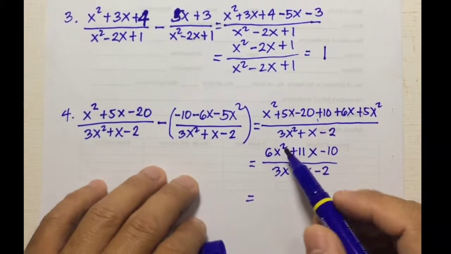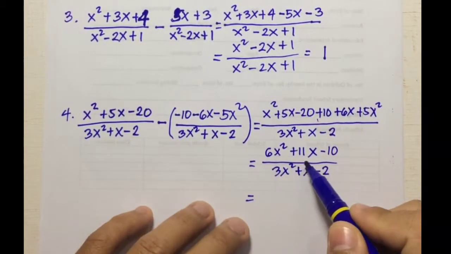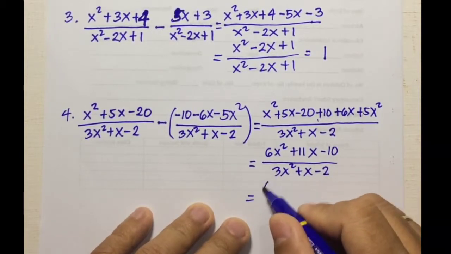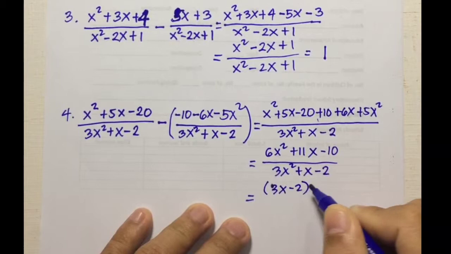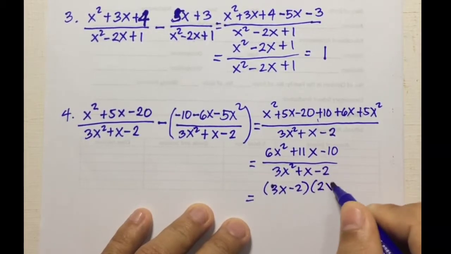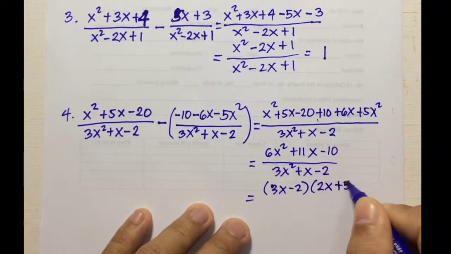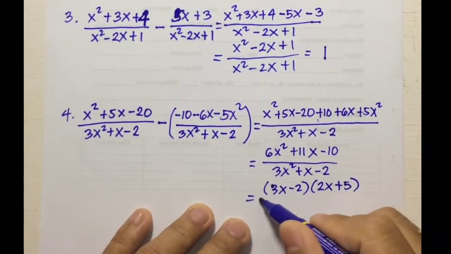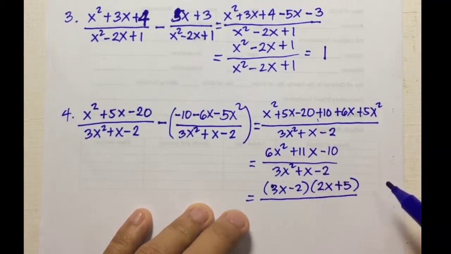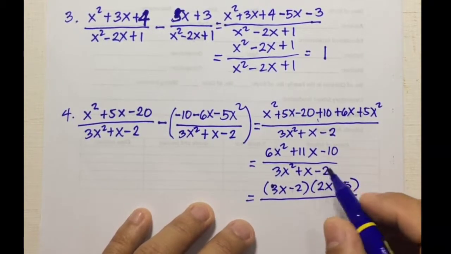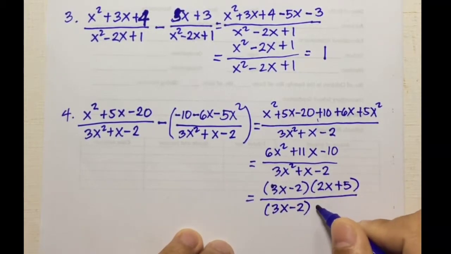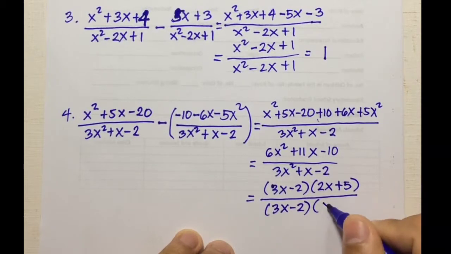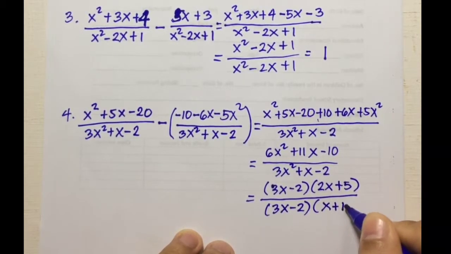We're going to have the factors of 6x squared plus 11x minus 10, which are (3x minus 2) times (2x plus 5). Then this is over the factors of 3x squared plus x minus 2, which are (3x minus 2) times (x plus 1).